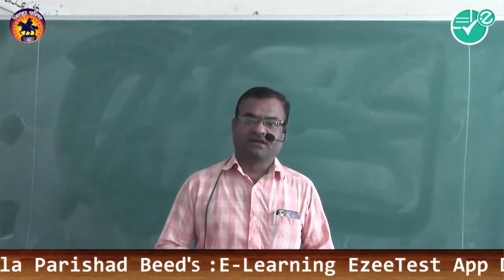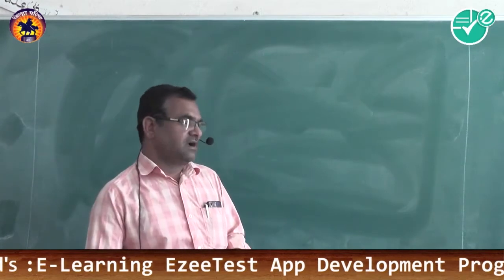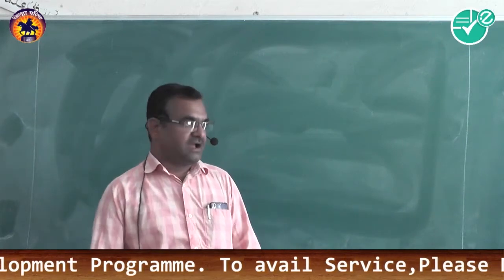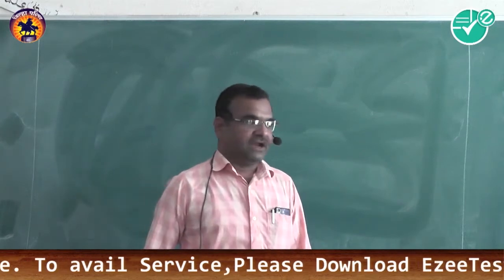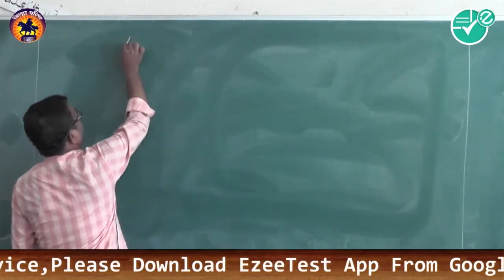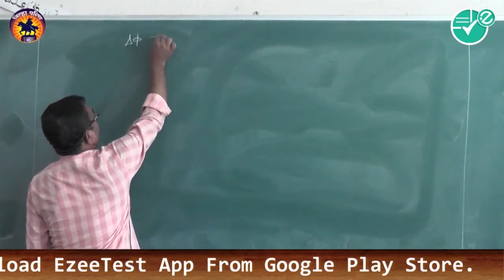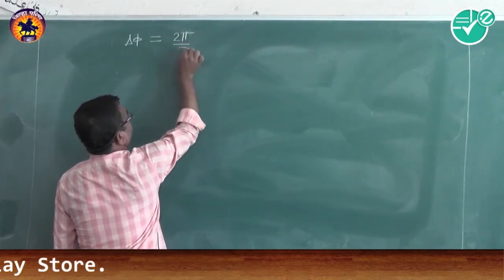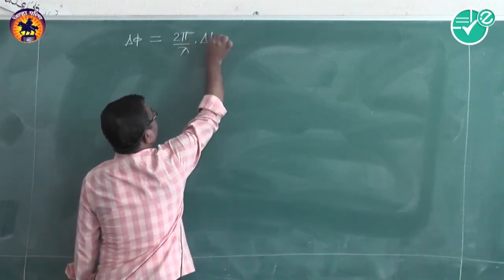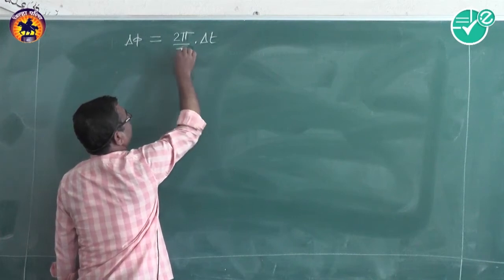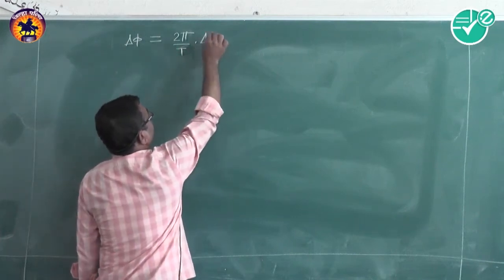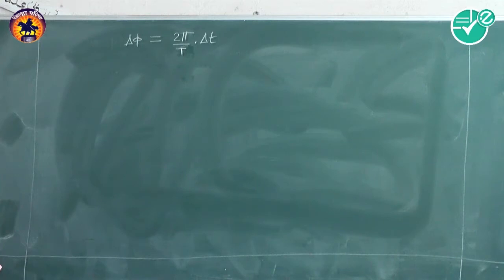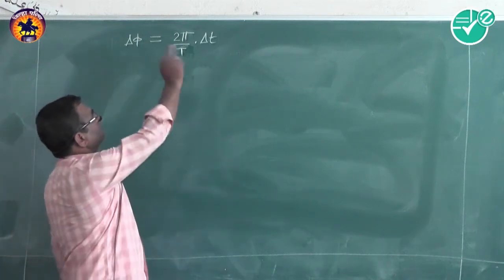In the last period we learned about the phase difference and time difference, and we obtained the equation delta phi is equal to 2 pi upon lambda into delta x, and delta phi is equal to 2 pi upon T into delta t.